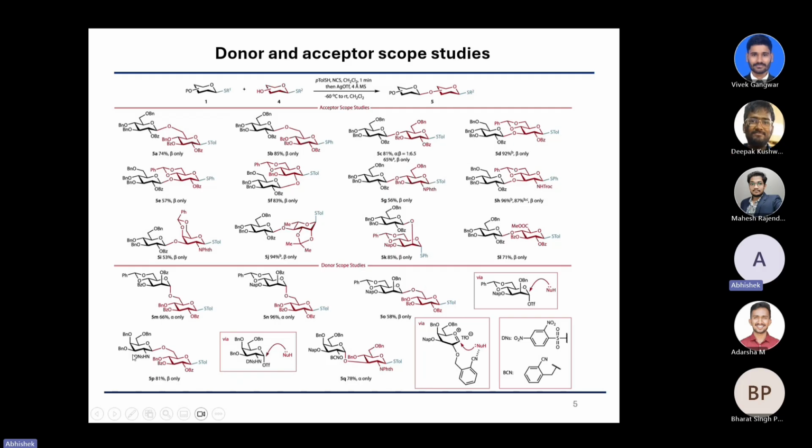So here what he was saying is that because of the electron withdrawing group at this C2, the oxacarbenium ion is very unfavorable. It's not forming. So that's why this nucleophilic attack is a direct displacement reaction. While in this BCN group, because of hydrogen bonding with this acceptor, this oxacarbenium ion is formed, and then this is going to attack by alpha attack.